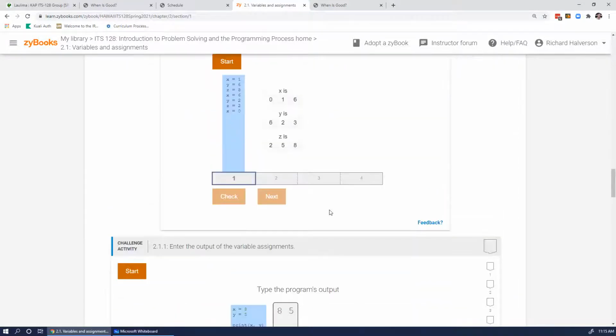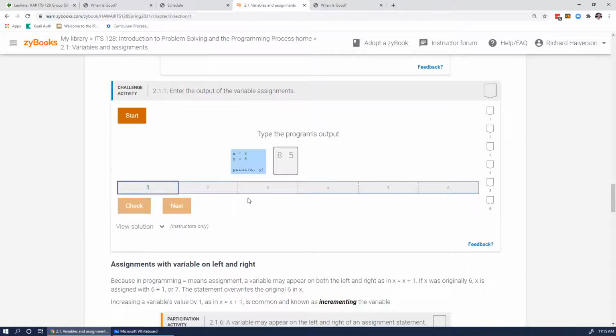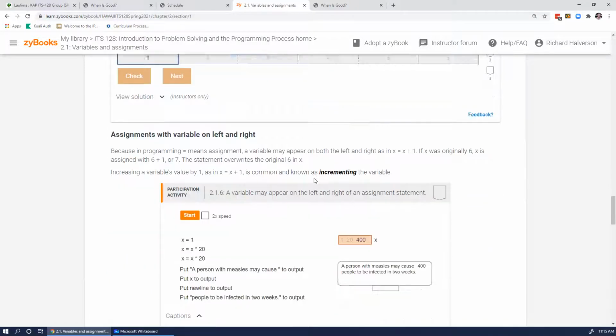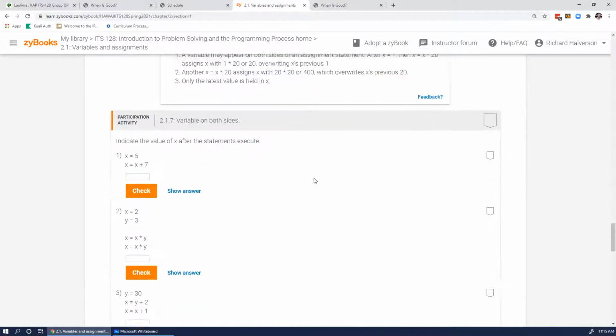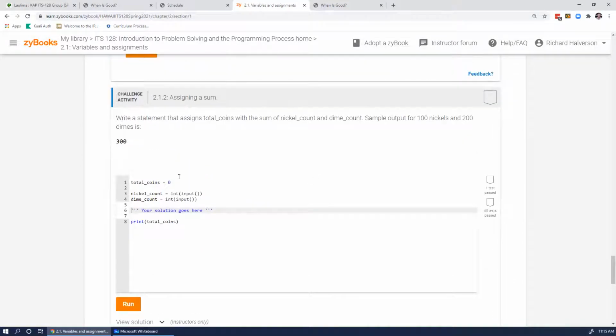What I'd like to focus on in these videos is more the challenge activities. Here, I want you to know what's going on, and actually these progression challenge activities also are something you should be able to figure out. But what might not be as easy to figure out are some of the challenge activities where you have to actually write some code, and you're clicking around, and you're just not getting it.